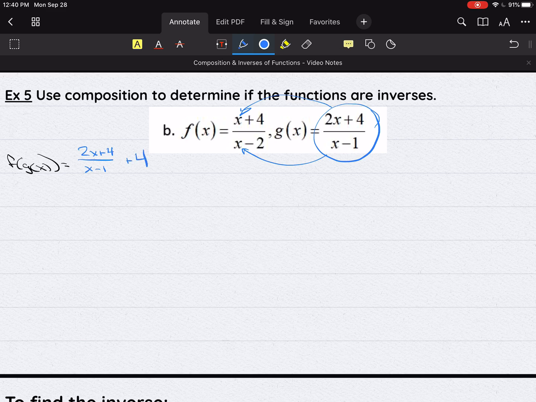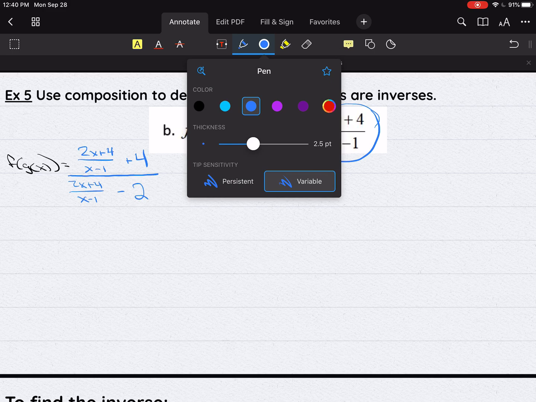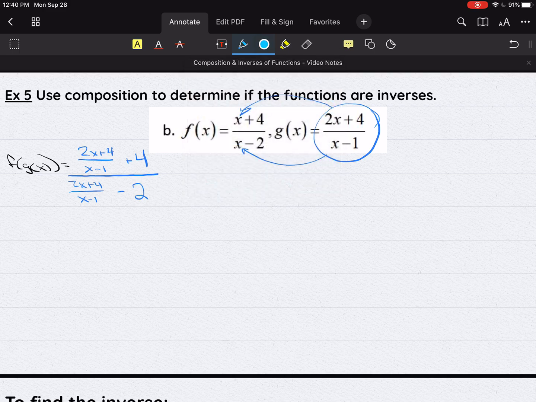So there's my numerator. Denominator, 2x plus 4 over x minus 1 minus 2. So finding that LCD, it would be x minus 1. So multiply everything by x minus 1.